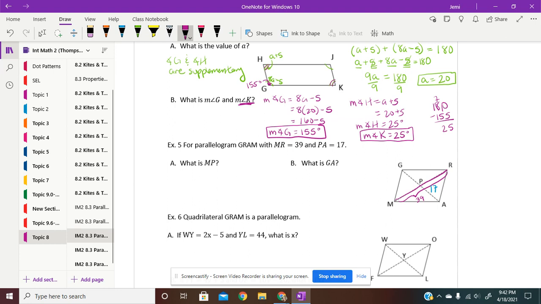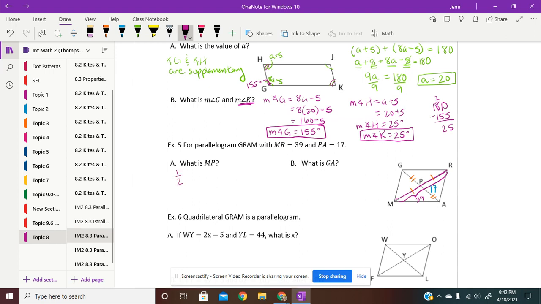So I automatically know that this piece is equal to this piece, and this piece is equal to this piece. Well, the whole diagonal MR is 39, and I'm looking for MP. That's just going to be half.